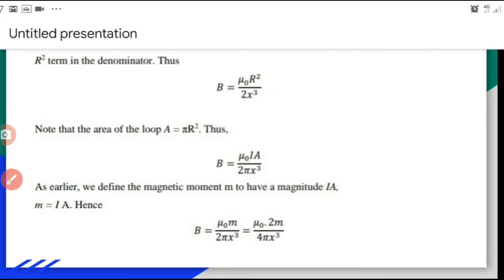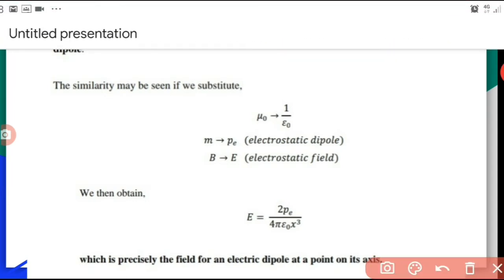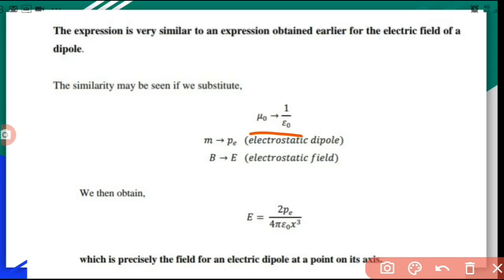Now, this equation is similar to one equation which we studied in electrostatics, chapter 1. We will get that equation if we replace mu 0 in our equation with 1 by epsilon 0, m with Pe, that means m is the magnetic dipole moment and we replace it with Pe, the electric dipole moment, and B with E, that means magnetic field is replaced with electric field.